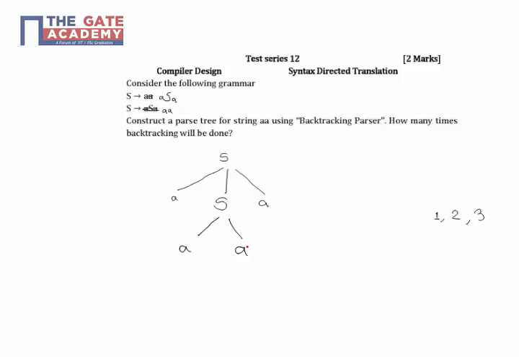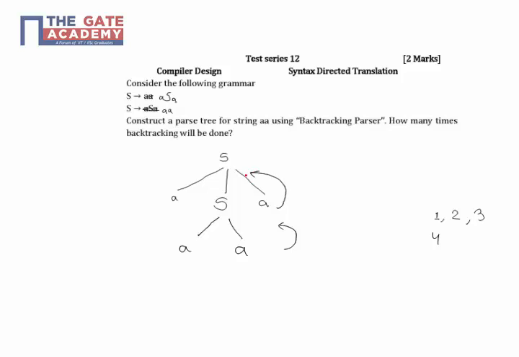That means again I'll have to backtrack. One more backtrack will be done from here to here, that is backtrack number 4, and there is no other option from this capital S apart from these two we have previously tried. That means one more backtrack will be done from this end to this capital S.